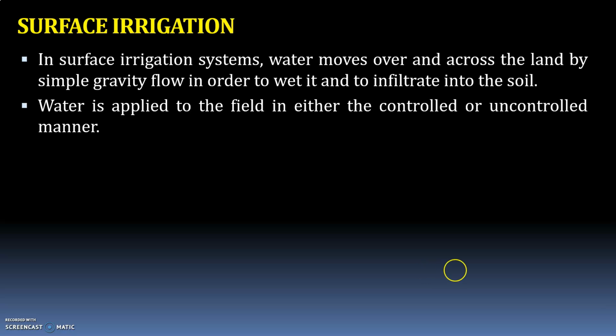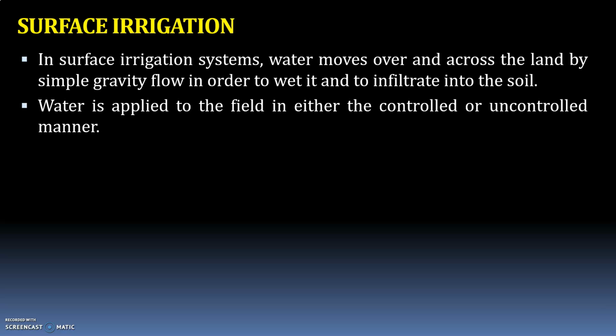In the surface irrigation system, water moves over and across the land by simple gravity flow in order to wet it and to infiltrate into the soil. The water moves over and across the land by simple gravitational force, and it wets the soil and infiltrates into the soil.